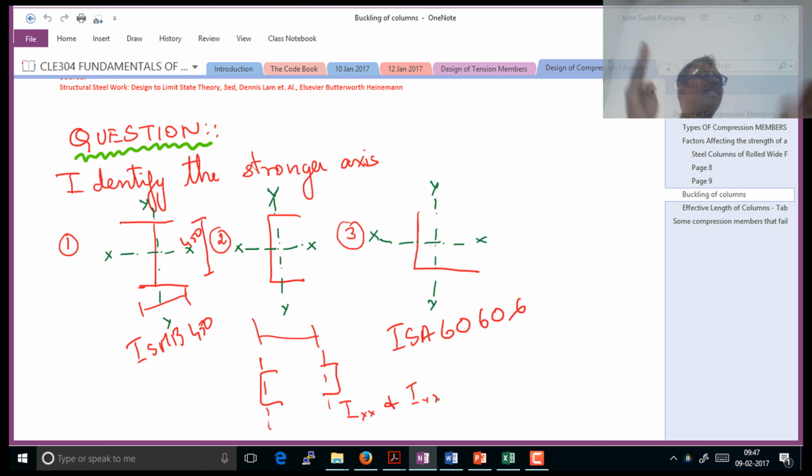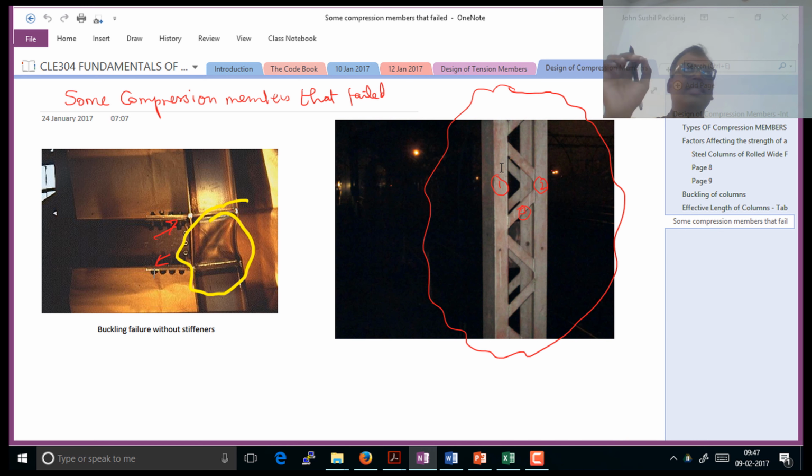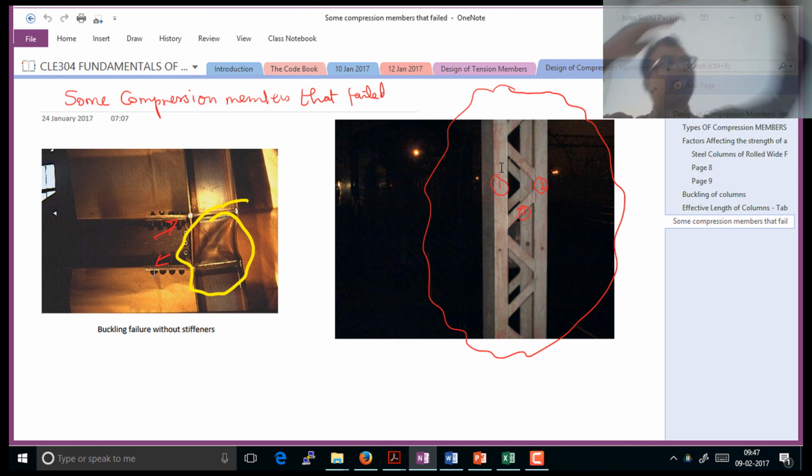So you keep moving it, but please remember there is a limit to which you can keep moving sections. To design the lacing itself will then become a problem, because this lacing transfers force by a compression-tension mechanism. It's a truss. So the lacing element would become so long that it would become impractical.